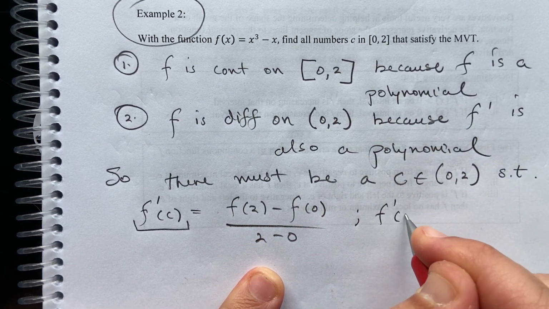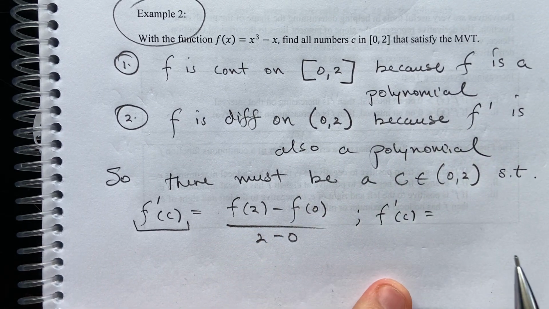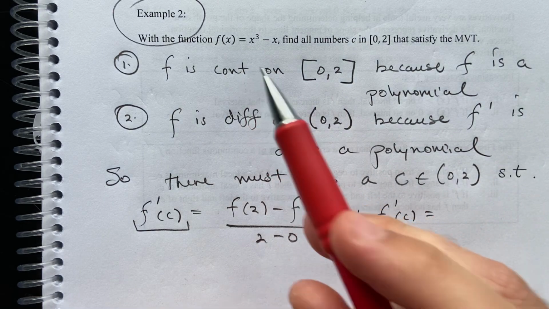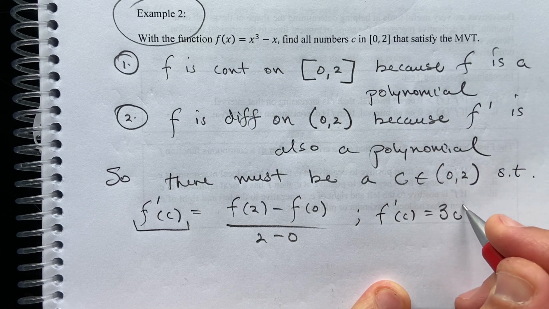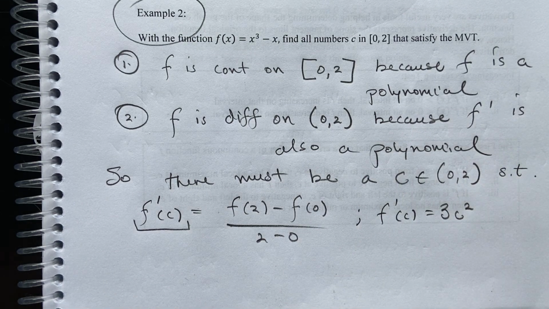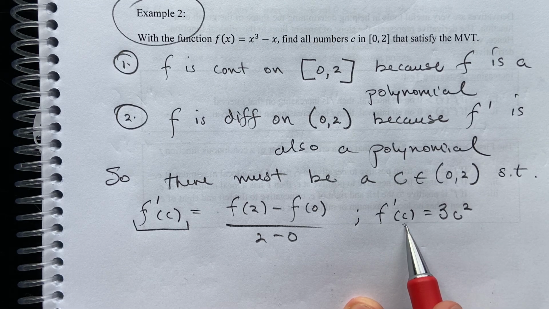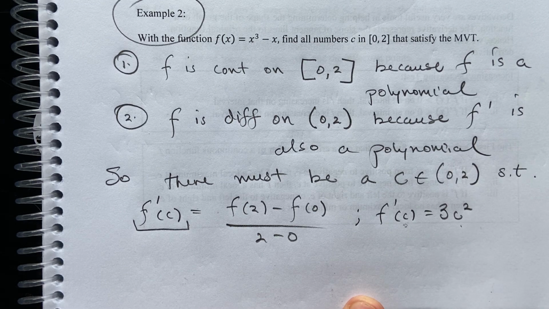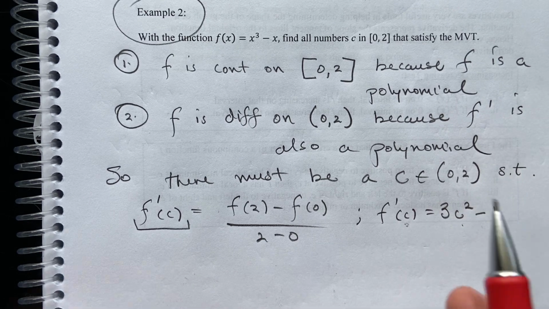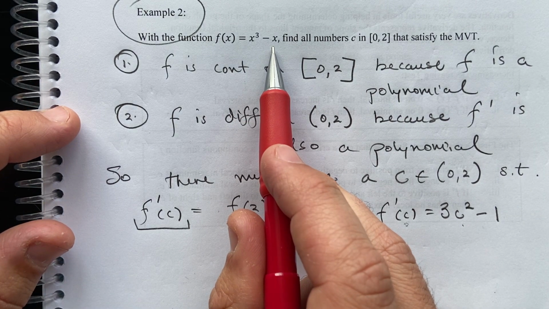So f prime of c, I'll go ahead and take the derivative. So I'd have 3x squared, so I'll have 3c squared. Right, I'm taking the derivative and simultaneously evaluating that derivative at c. And then I'll have minus 1, just again taking the derivative.